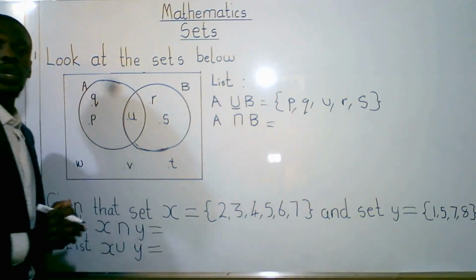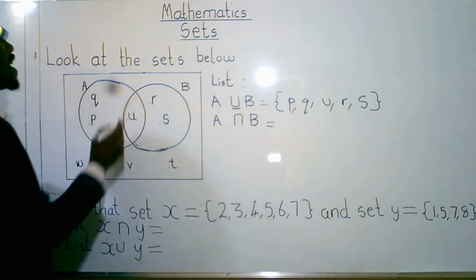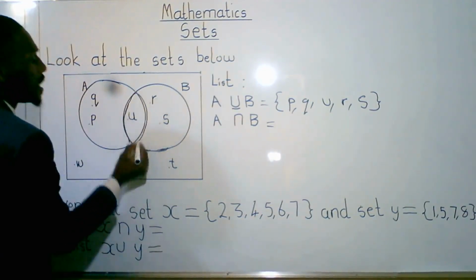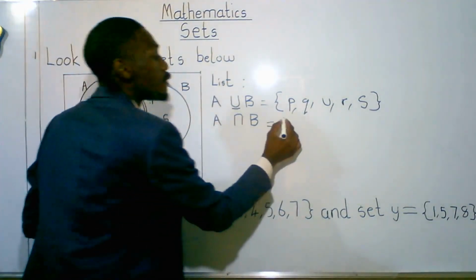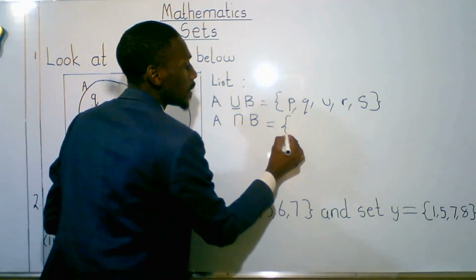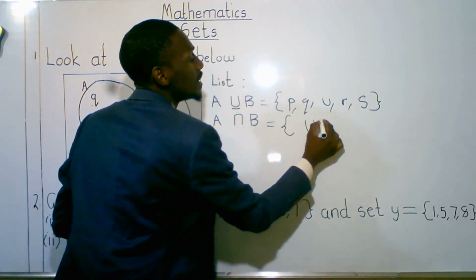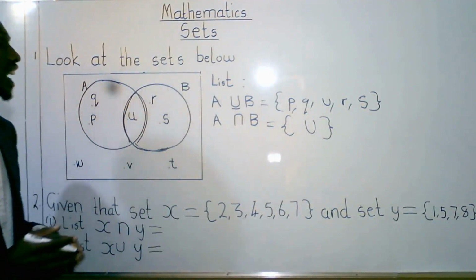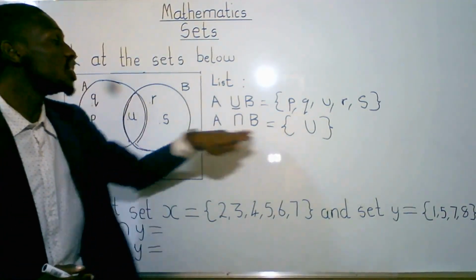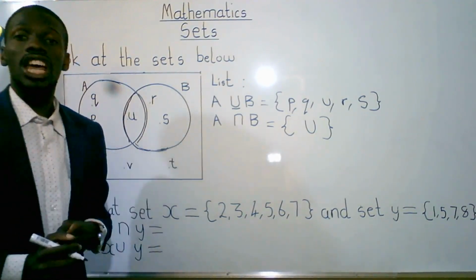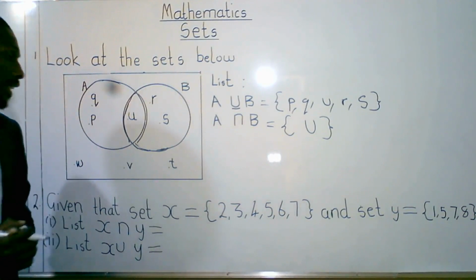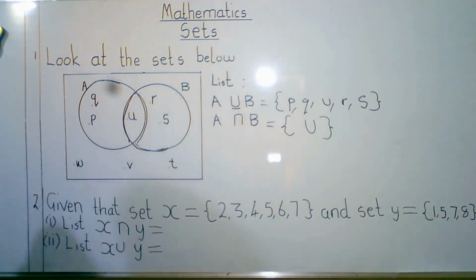But U is being shared by A and B. U is common in both sets. Let's take a look at the next example.